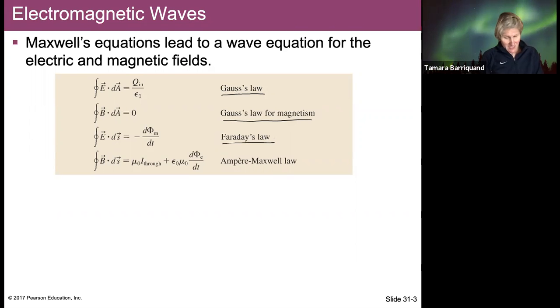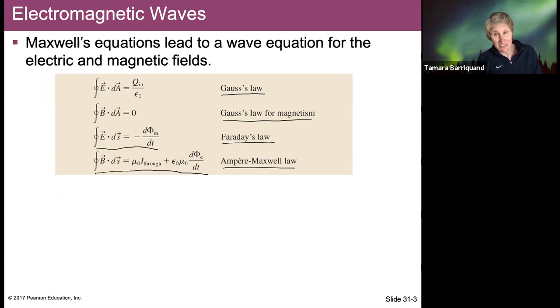Faraday's law tells us that the integral of E dot ds is equal to negative d phi sub m dt. And the Ampere-Maxwell law tells us that the integral of B dot ds equals mu naught I through plus epsilon naught mu naught d phi sub e dt.